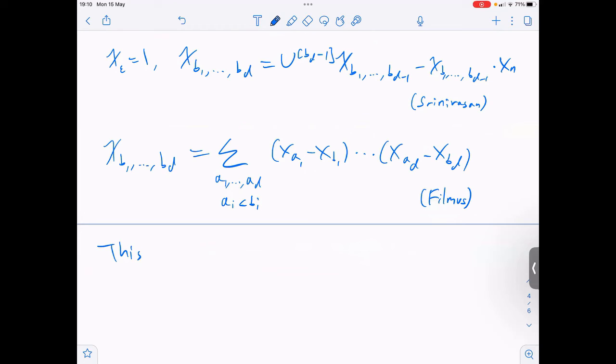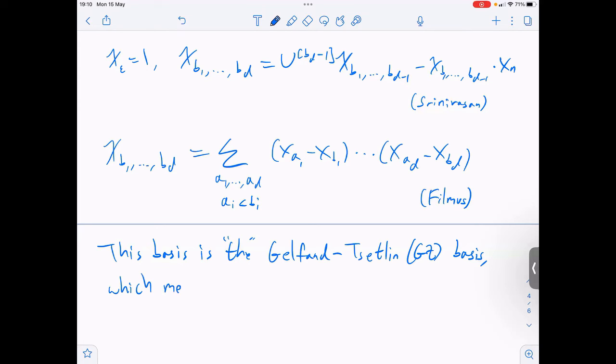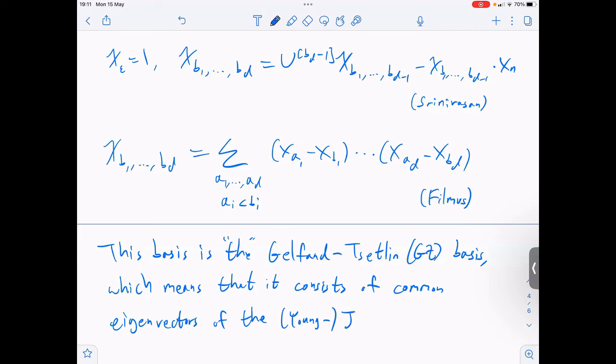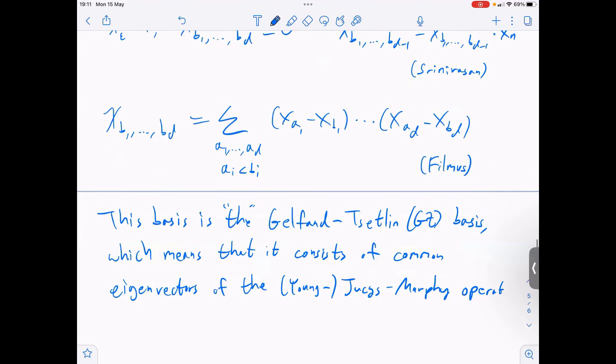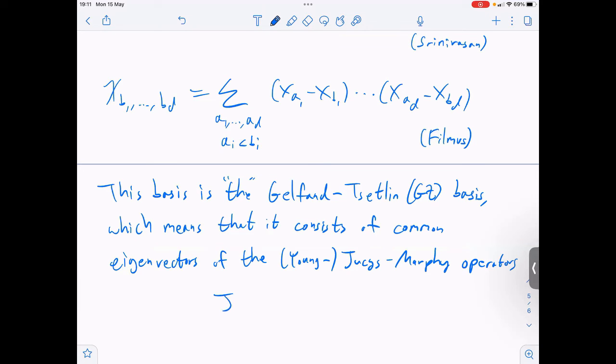So this basis is the Gelfand-Tsetlin basis, or GZ basis, which means that it consists of common eigenvectors of the Young-Jucys-Murphy operators, which are the following. Yeah, I is a bad letter, so let's choose something else.